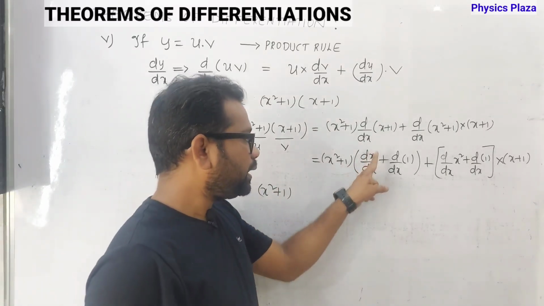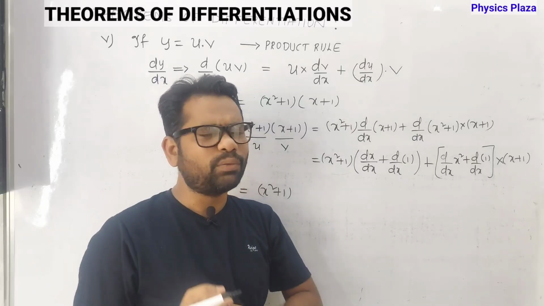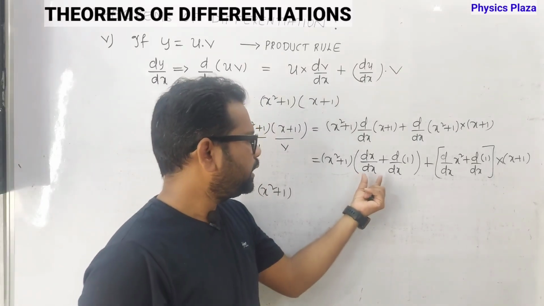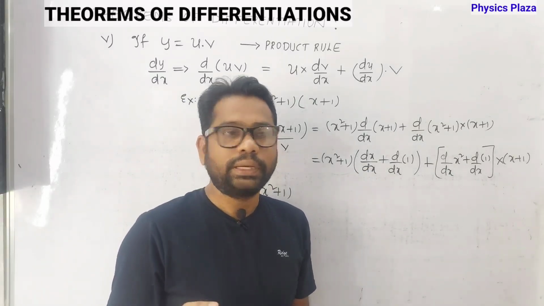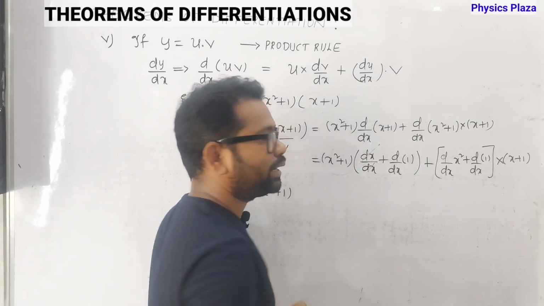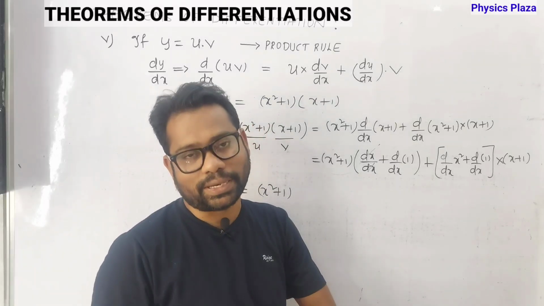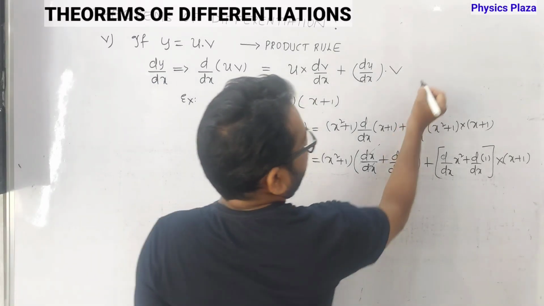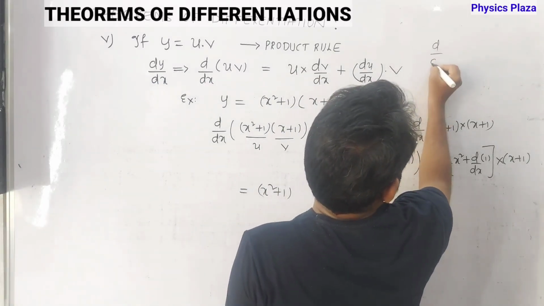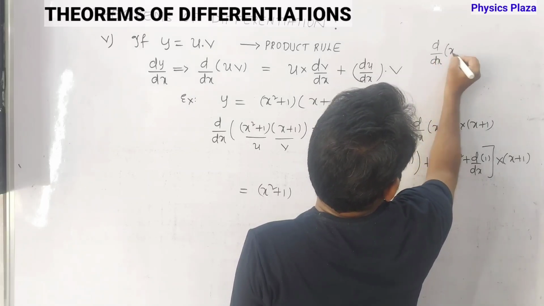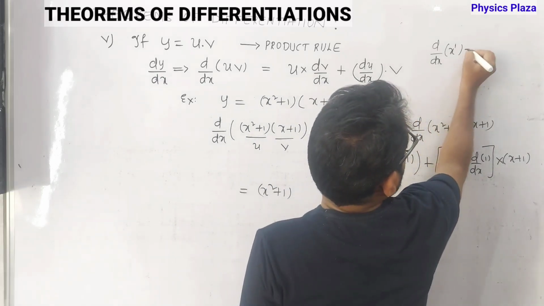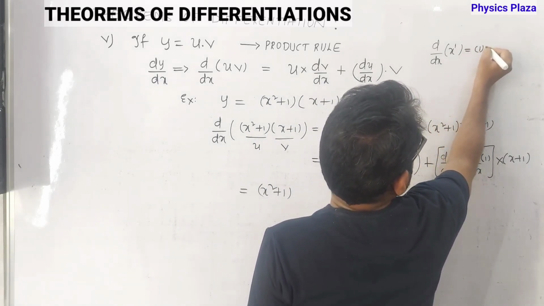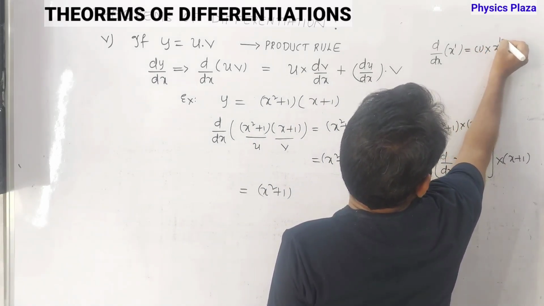Children, dx by dx value is how much? Generally many lecturers will tell that d by dx of x is 1 only, that they get cancelled, but that is not the correct way to cancel. Then how to look at it? Children, d by dx of x means d by dx of x power 1. This can be written as its power into x with its power reduced by 1.